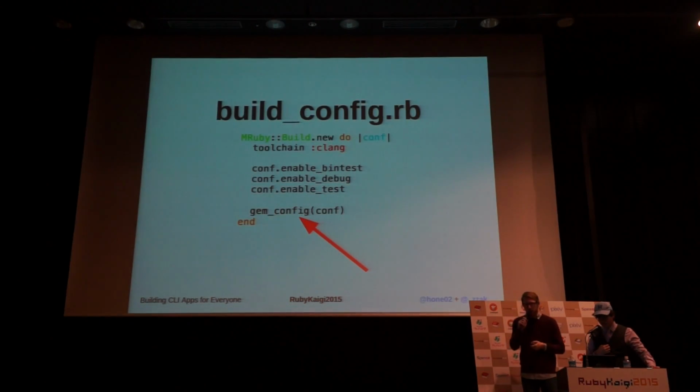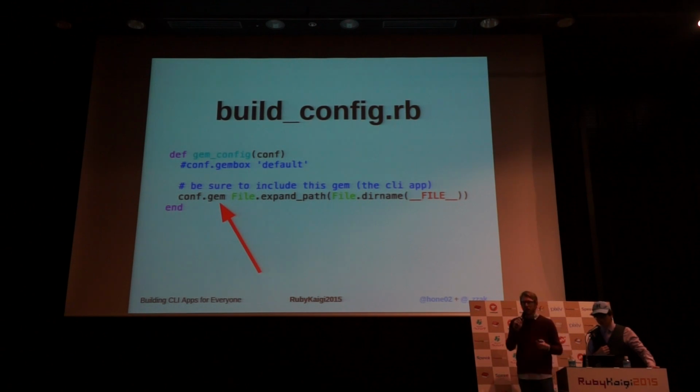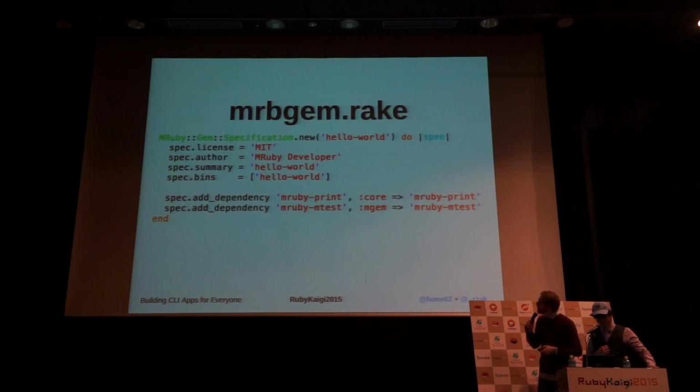And so for each configuration target, we have another method we call gemconfig, and what this basically does is tell the compiler to include this gem, which is just your application packaged up as a gem, and it's just in the local path. So this looks like Ruby code because it's literally being run by MRI and not mruby at compile time.